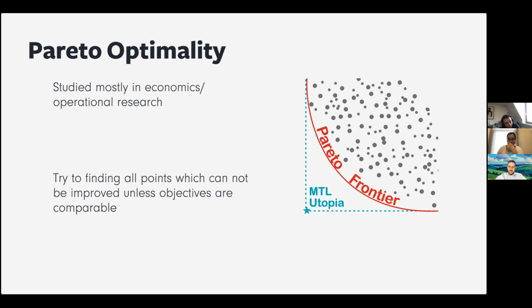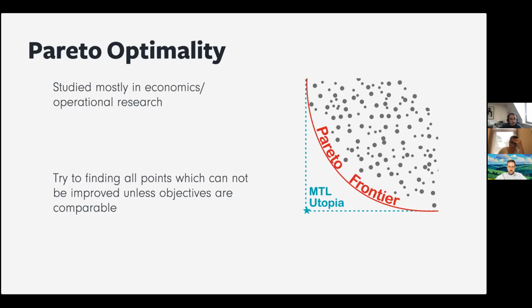So we argue the better way to look at it is to actually respect the multi-objective nature. Let's say that I want to respect each loss function, each task, and I want to treat them completely separately. I don't want to weight them first. Now I lose the concept of global optimality, and instead I have the concept of Pareto optimality. In Pareto optimality, the idea is basically this: a solution is Pareto optimal if I cannot improve it over all the tasks.